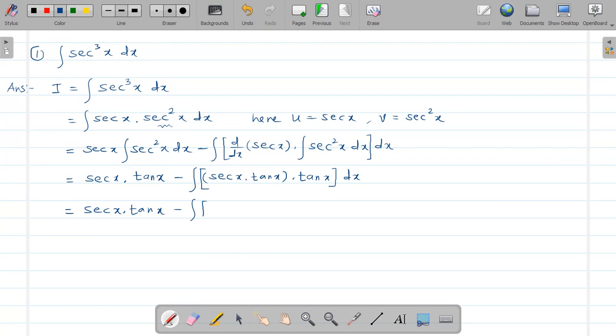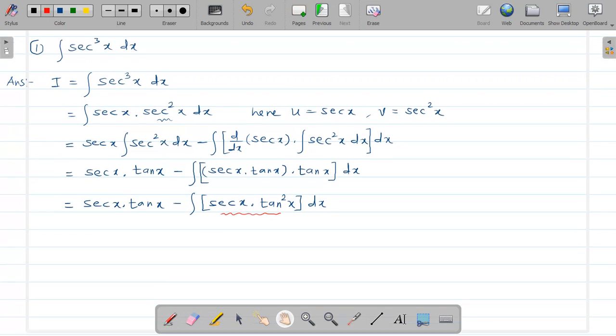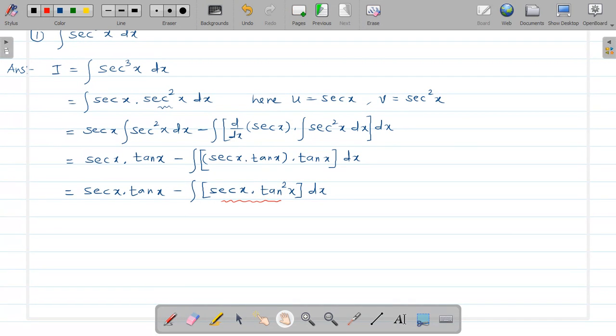Now in this square bracket, what will you get? You will get sec x into tan square x dx. Now to evaluate the integration of this particular term, sec x into tan square x, what will you do? See the next step.